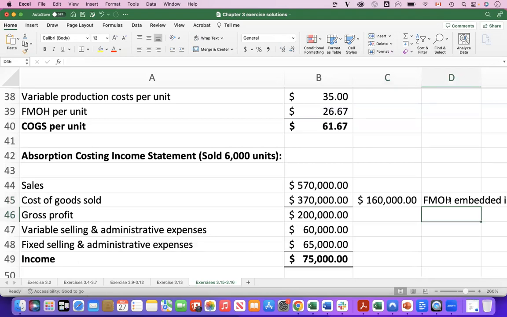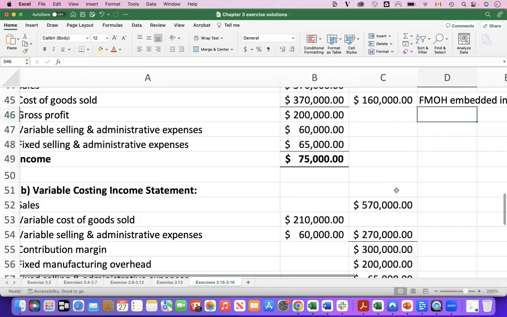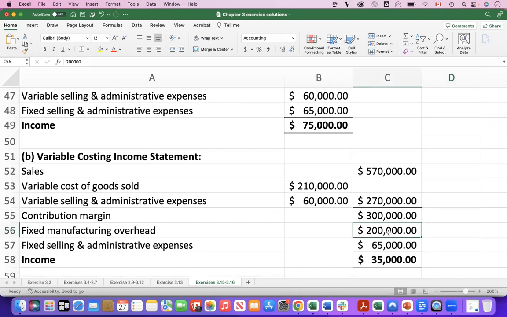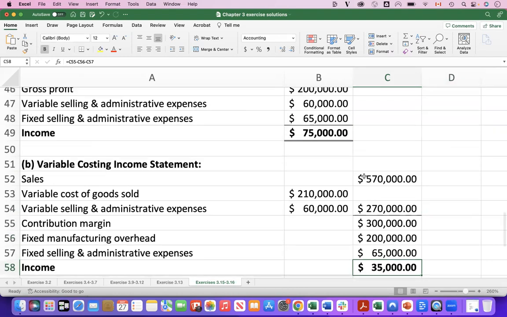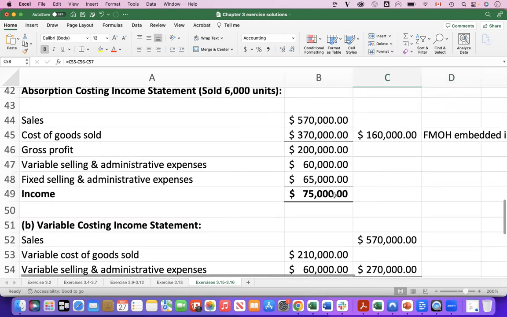Under absorption costing, we're only reporting 160,000. Under variable costing, we're reporting the entire 200,000. So variable costing is reporting 200,000 or $40,000 more in fixed manufacturing overhead expense. Therefore, their income is going to be $40,000 less than the income level reported under absorption costing.